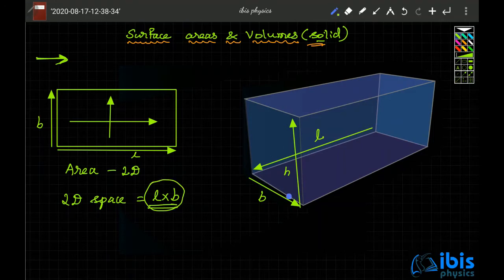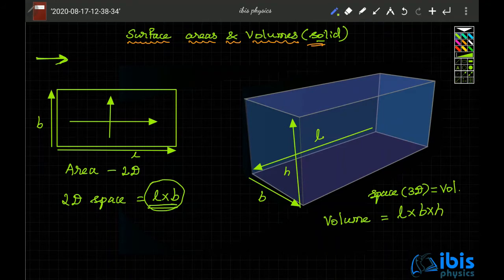Now it is spread across three distances, so this space is three-dimensional space, and the three-dimensional space occupied by this is called volume. And volume, just like area, is defined as the product of the distances it spreads across in three directions. What are they? Length into breadth into height.